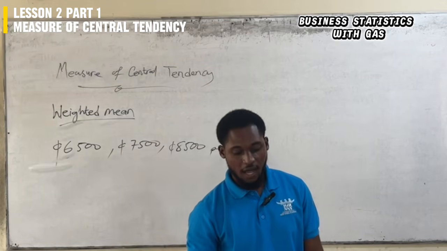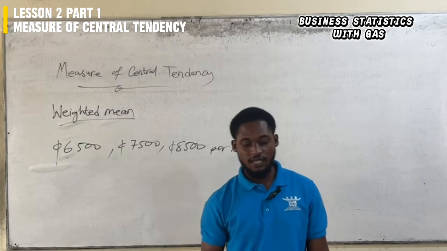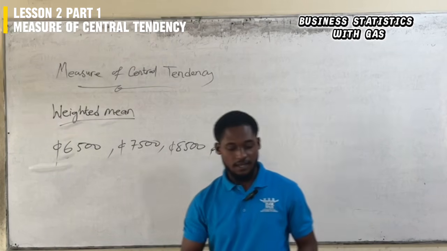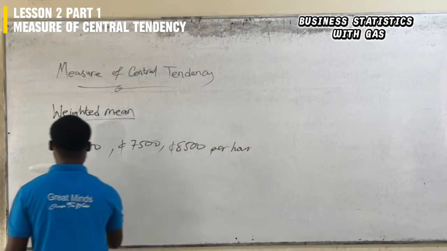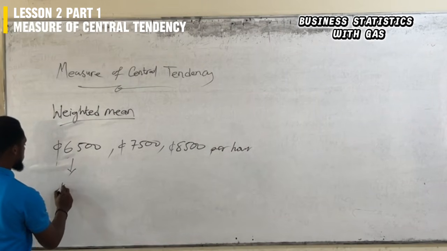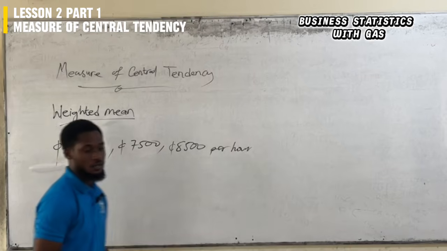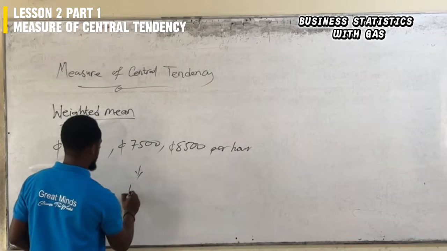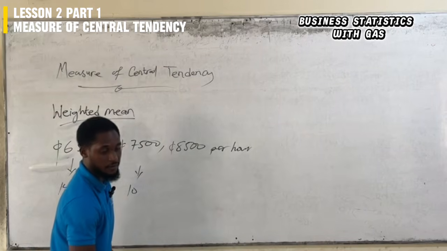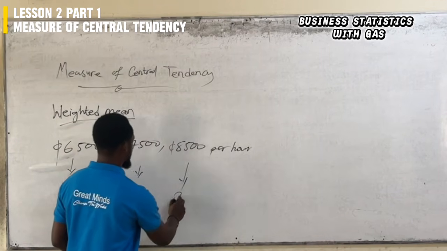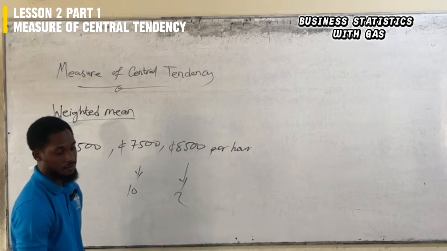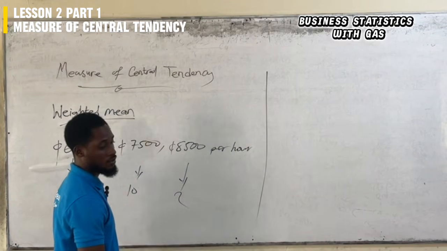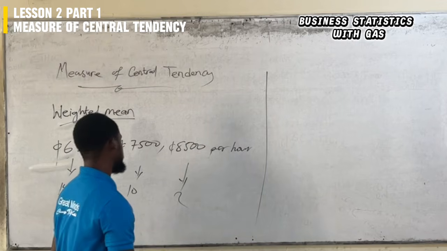There are 26 hourly employees. 14 are paid at 6,500 rate, 10 at 7,500 and 2 at 8,500. So now let's solve our question since we have our figures here.